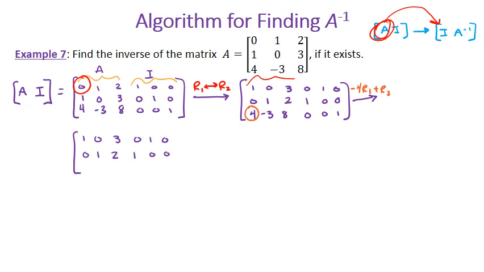But I have a new row 3, which is 0, -3, -4, 0, -4, and 1. Now remember, I'm working towards making this the identity matrix. So now I'm going to try to make this a 0. And the way I do that is I'm going to take 3 times row 2, add it to row 3, and it becomes my new row 3. So rows 1 and 2 remain the same.